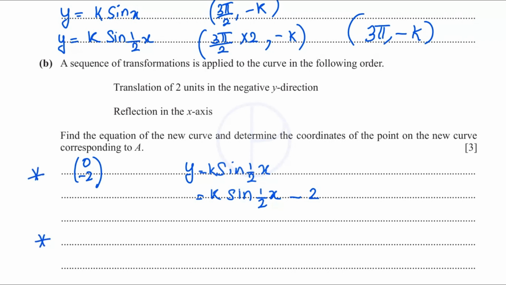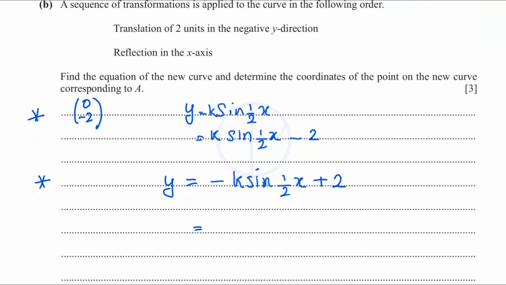So then we are applying a reflection in the x-axis. Reflection in the x-axis is minus f of x. So this will become y is equal to minus k sine 1 over 2x minus of minus, this will become plus 2.